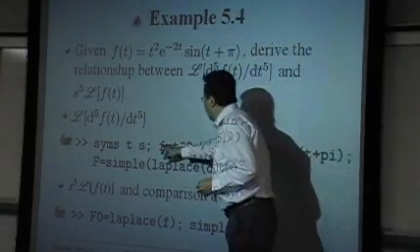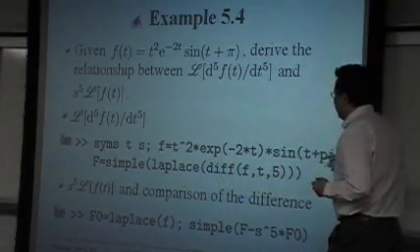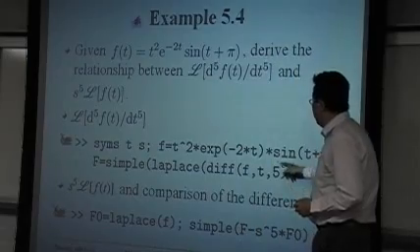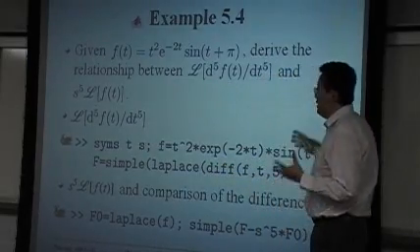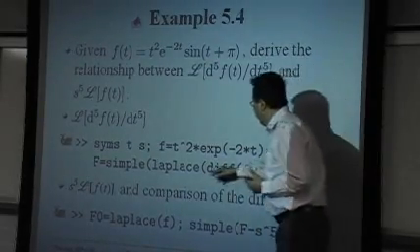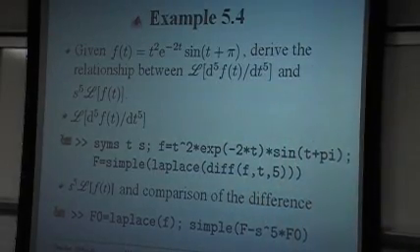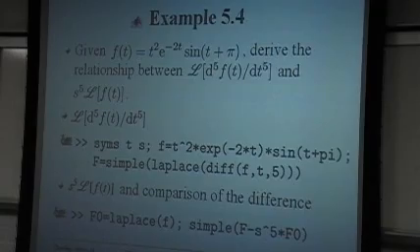If you already have an f function, then you can easily find the fifth order derivative using a function like this. So take the derivative first and then take the Laplace transform, and then call the simple function to simplify the result.